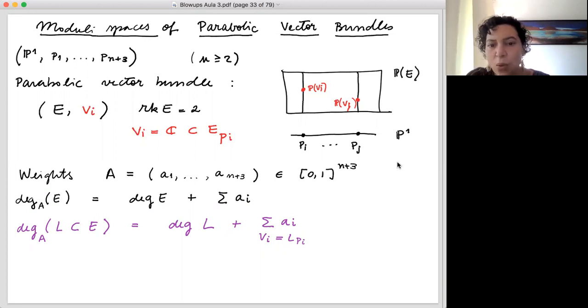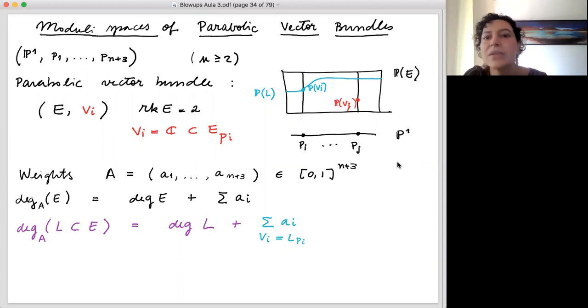I will just sum the weights a_i for which the parabolic direction is contained in the line bundle. So let me just draw a picture of this. If I take a subbundle L, this will correspond to a certain section of my ruled surface PE, and I will just count the weights for which the section passes through the parabolic direction.